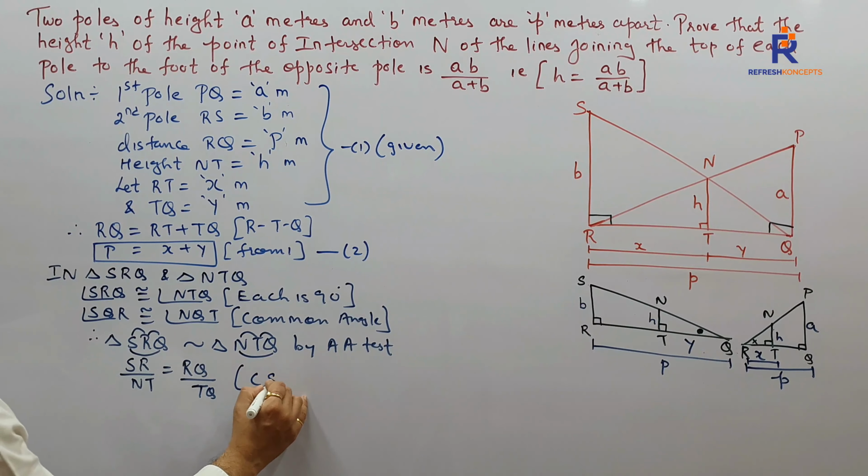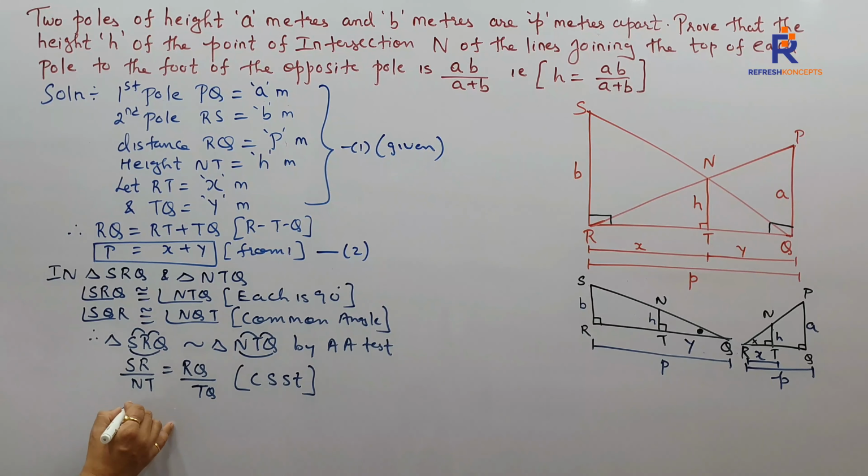CSST. Right? Jot down the values. What is SR? SR is B. What is NT? NT is H. What is RQ? RQ is P. What is TQ?